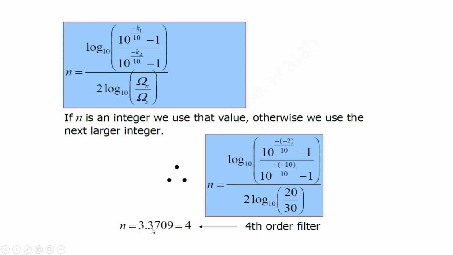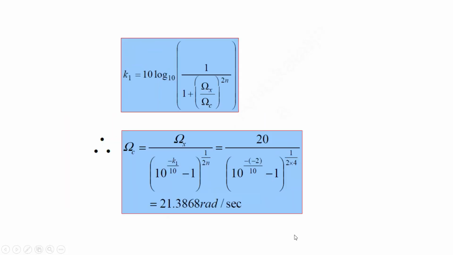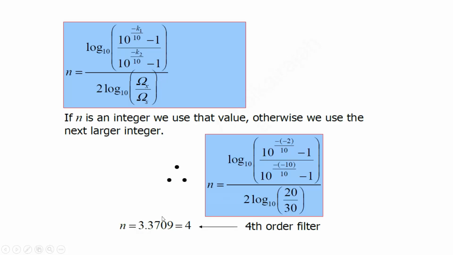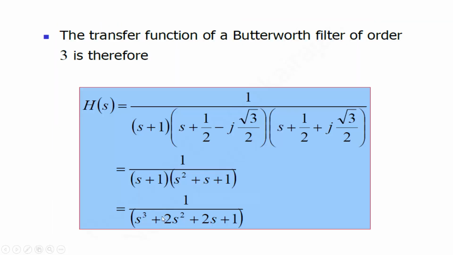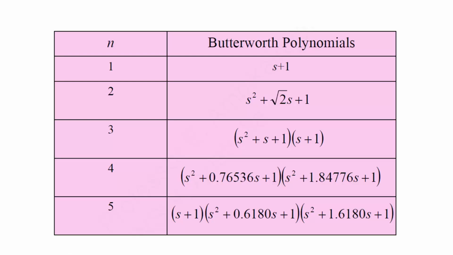We cannot derive the transfer function or the Butterworth polynomial for this fractional value. We will take the next higher integer, which is 4, and we will take the Butterworth polynomial from the table corresponding to the fourth order filter. So if you remember the table, this is the table, and corresponding to the fourth order filter, this is my Butterworth polynomial.